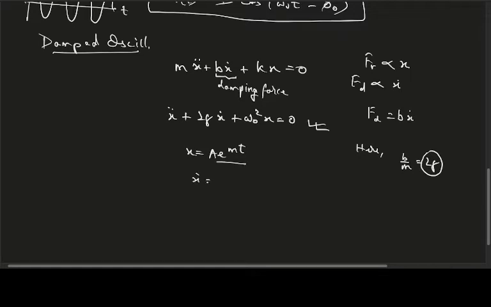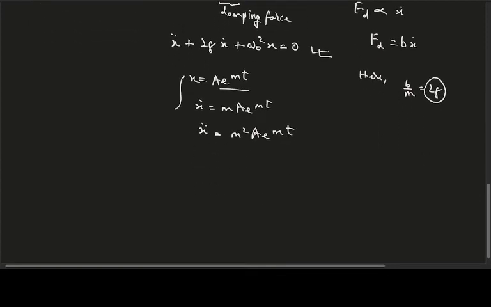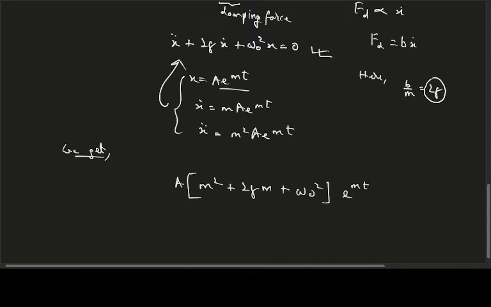So the x dot again becomes m a e to the power mt, and x double dot becomes m squared a e to the power mt. So when you put all of these into this equation, we get a, that's common, (m squared plus 2 gamma m plus omega naught squared) e to the power mt is equal to 0.